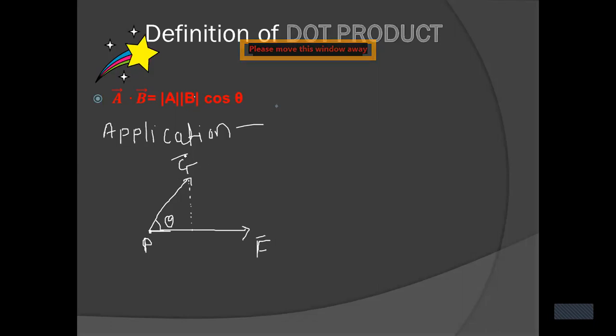When this vector G bar is projected on this vector F bar, up to this point Q, to this point I'm considering Q. So this length from point P to Q is nothing but the length of projection.